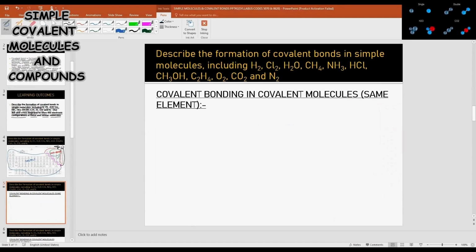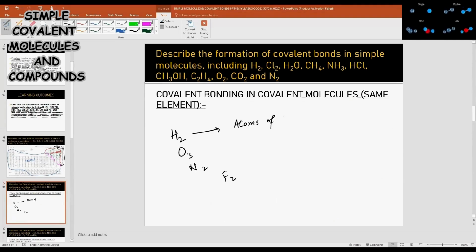These are some examples of covalent molecules formed from atoms of the same element. I gave you some examples in the last video. H2, O2, N2, F2, etc. You see, they all have atoms of the same element.